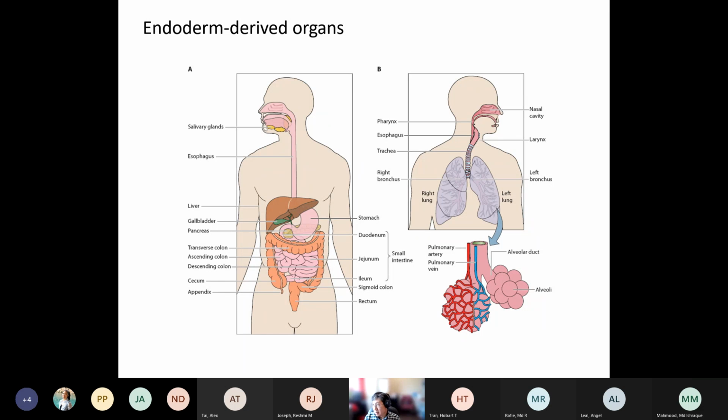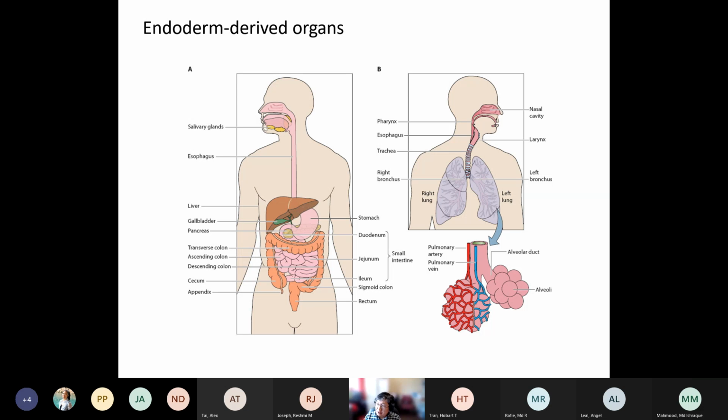Such as the liver. The liver will filter out the toxin within the newly absorbed nutrient, right? The blood supply is from the portal vein. The portal vein will collect the nutrients absorbed from the small intestine, and then in the liver, it's going to complete the process of detoxing, right?